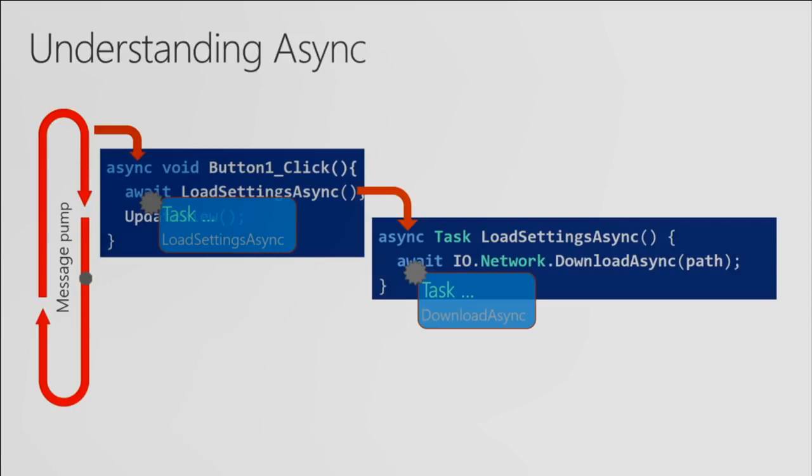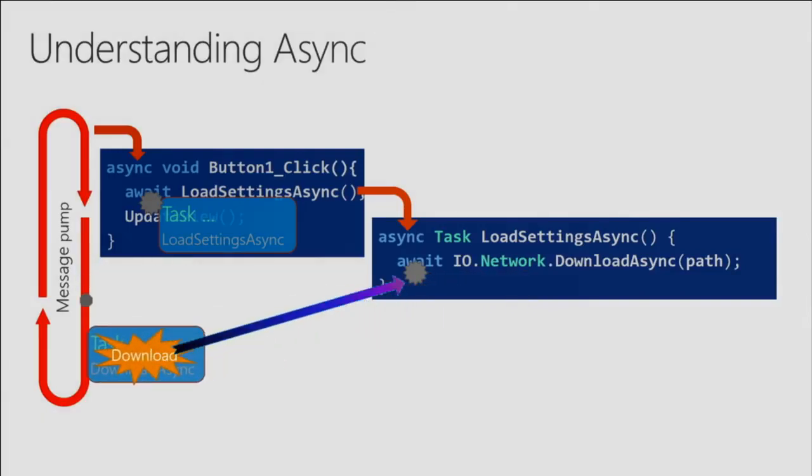Eventually, the awaited statement, download async, will finish running. Focus will go back to load settings async, and the rest of the code in that method will complete running. There can be other awaits in load settings async, and if that's the case, we will await those statements. Focus will go back to the message pump.